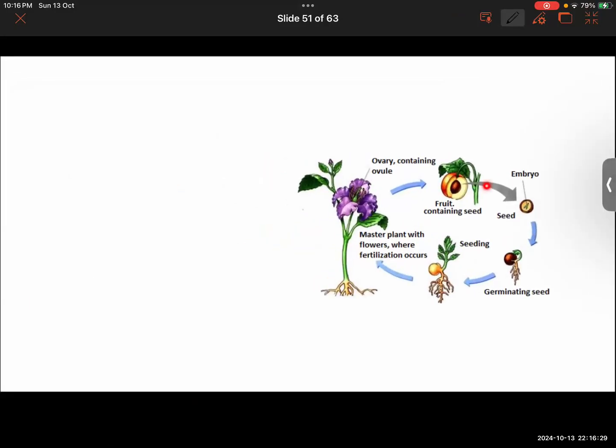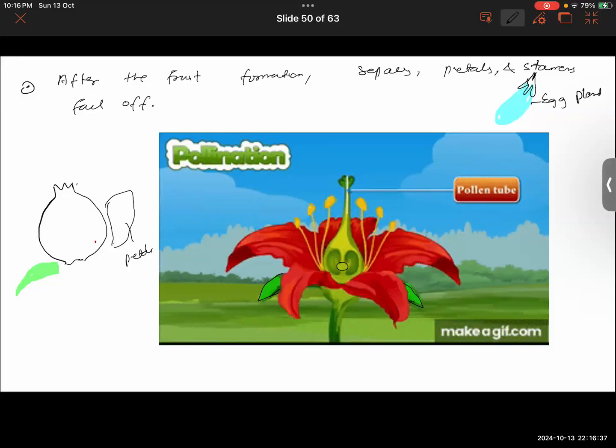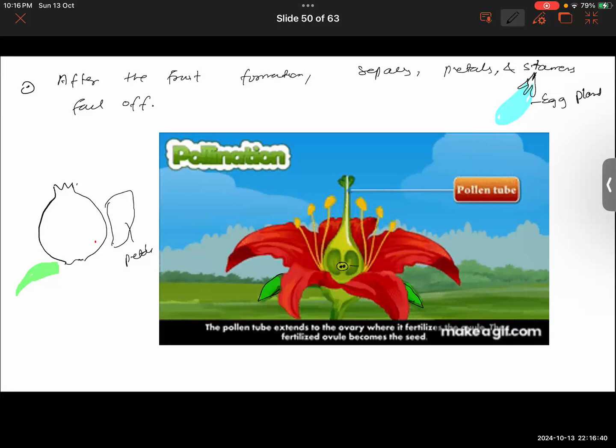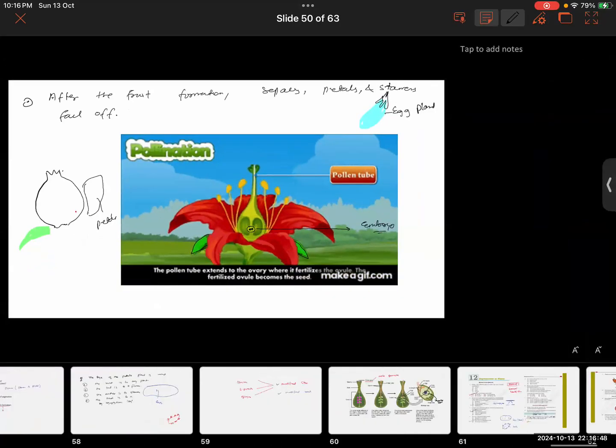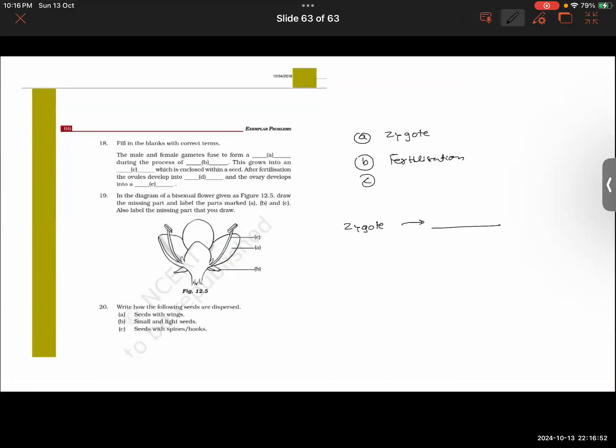The zygote later develops into the embryo. Once the fertilization has taken place here, first the zygote will be formed. This zygote will later develop into the embryo. Okay. So option number C is embryo.